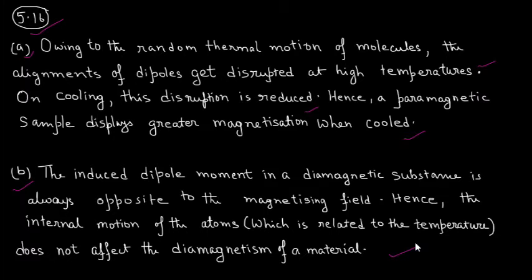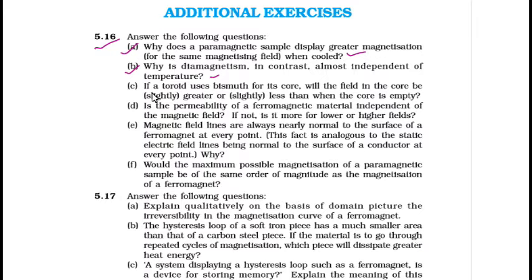Let us see the next question. Next question is C. In a toroid that uses bismuth for its core, will the field in the core be slightly greater or slightly less than when the core is empty?